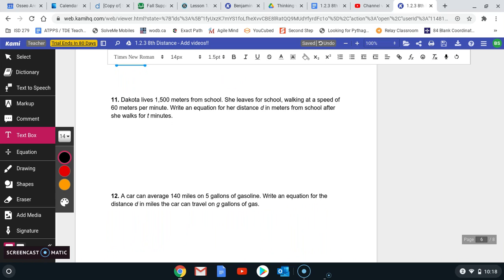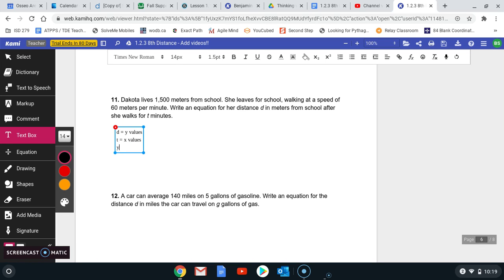Number 11, Dakota lives 1,500 meters from school. She leaves for school walking at a speed of 60 meters per minute. Write an equation for her distance in meters from school after she walks for t minutes. Okay, in this case, d equals the y values, and t equals the x values.